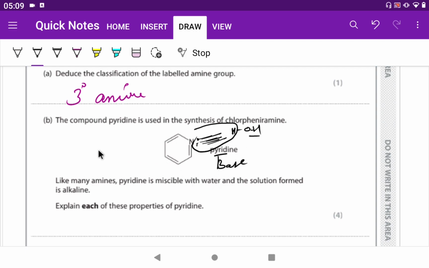So the reaction will be like this, and the solution will be left with OH minus, and because of this OH minus, the solution will become alkaline.